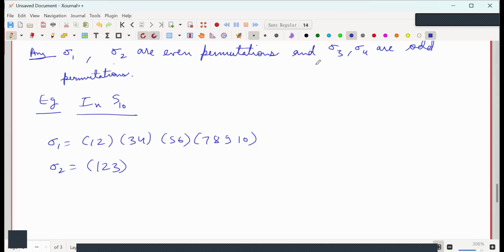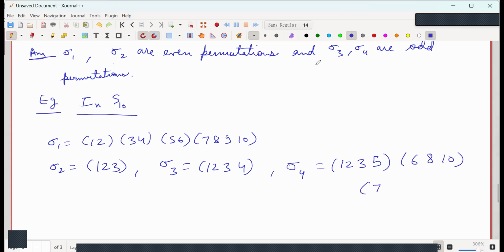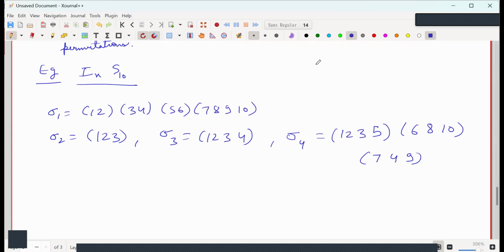Okay. So what are even and odd permutations?